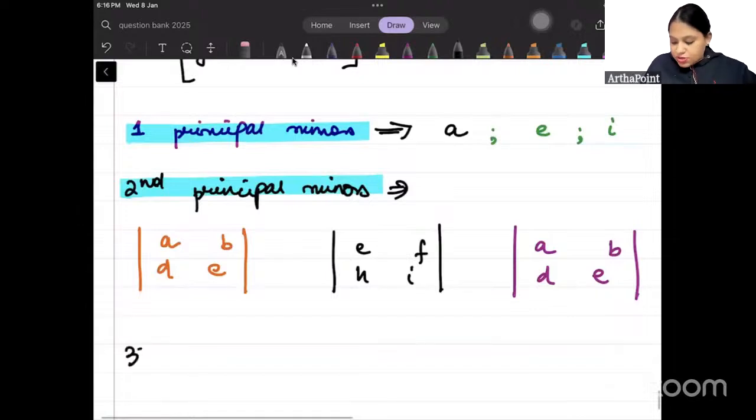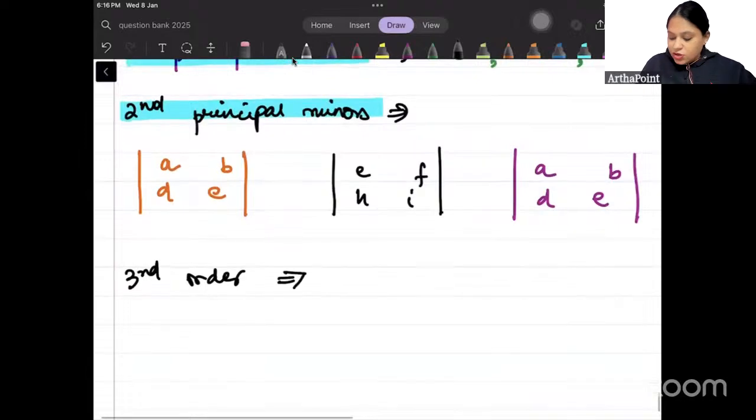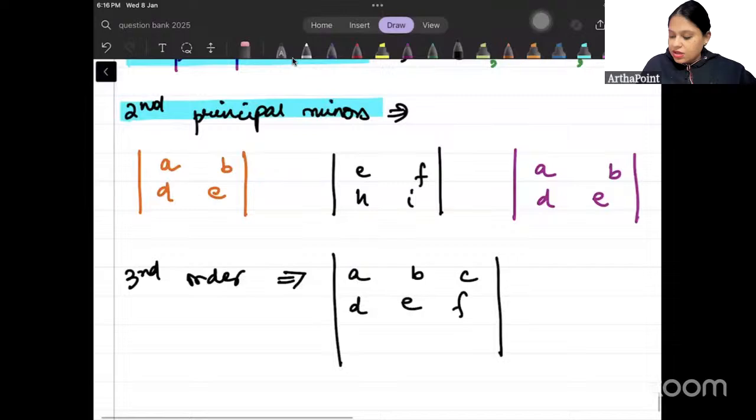Similarly, for the third order principal minor I cannot eliminate anything, because it will be the full determinant itself, the entire determinant of the matrix. These are called principal minors, right?